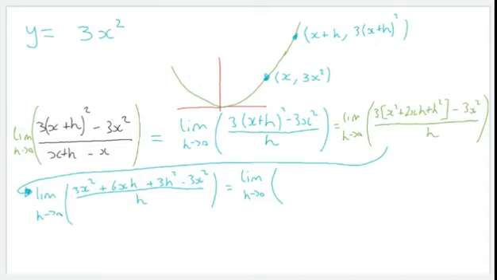So you can cancel out the 3x squared and the minus 3x squared, giving you 6xh plus 3h squared over h.